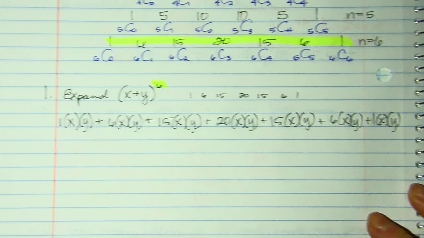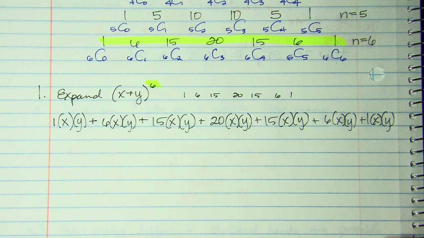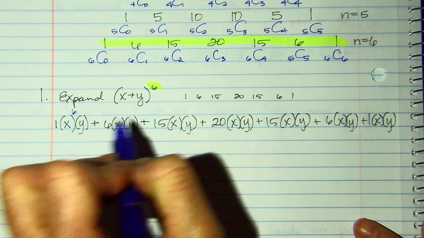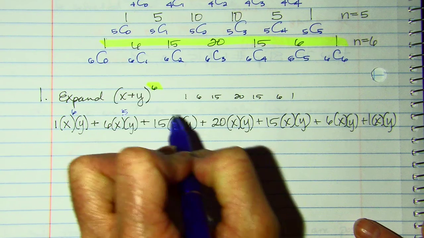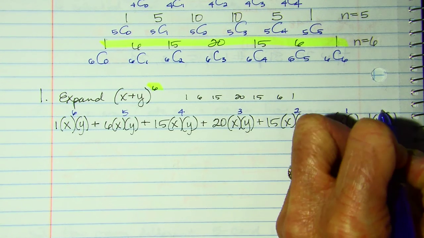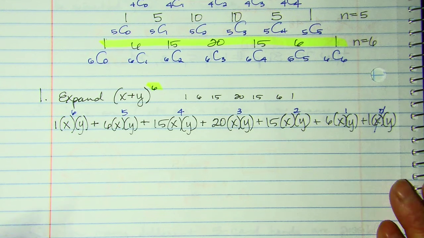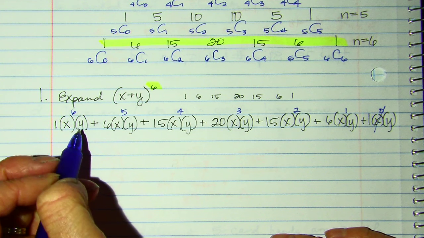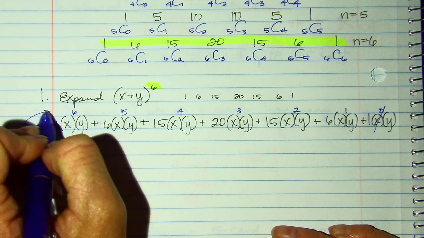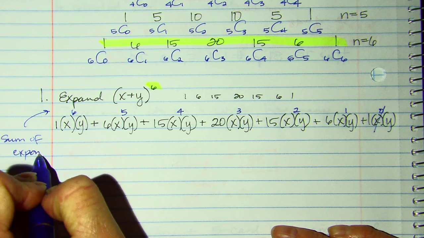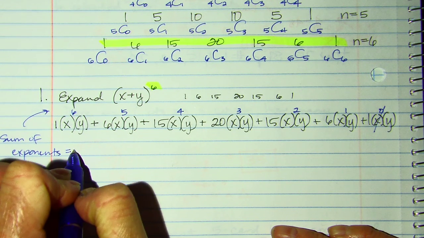Then you will assign your exponents. So beginning with x, I'm going to start with n, so 6, and then I'm going to list it in descending order. So x to the 5th, 4th, 3rd, 2, 1, and 0. And anything to the 0th power is 1, so I'm just going to go ahead and cancel that. The exponent belonging to y should move in the reverse direction because the sum of exponents has to equal whatever n is.